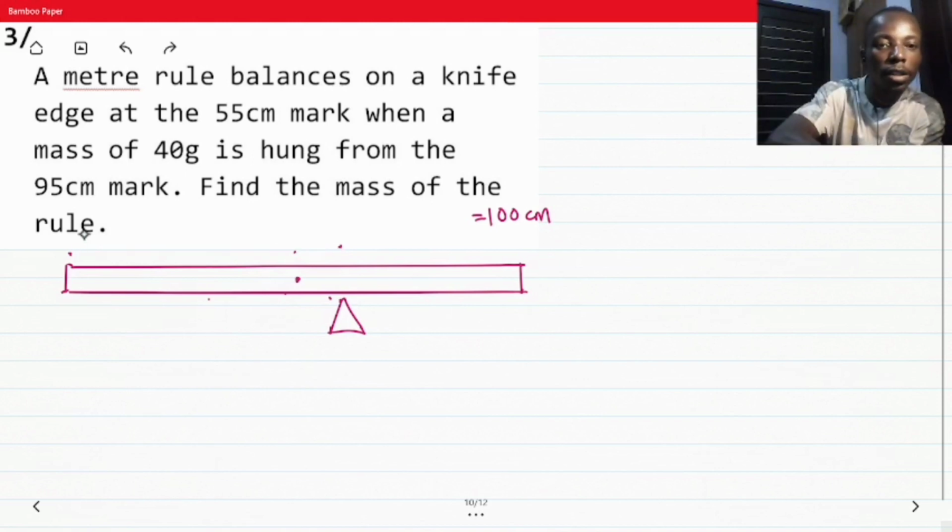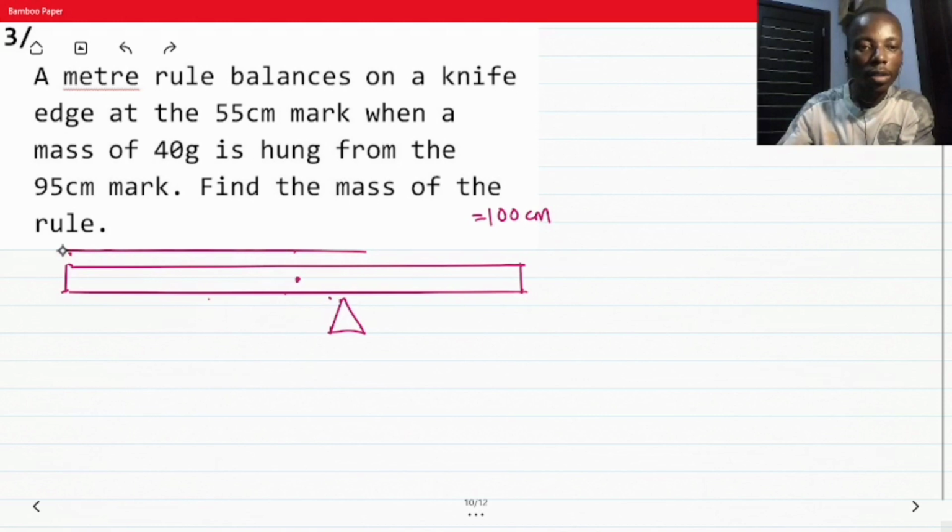Okay, so I took that a little further. So from this end to this end is 55 centimeter.